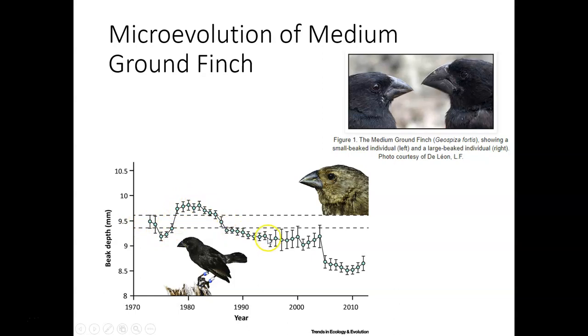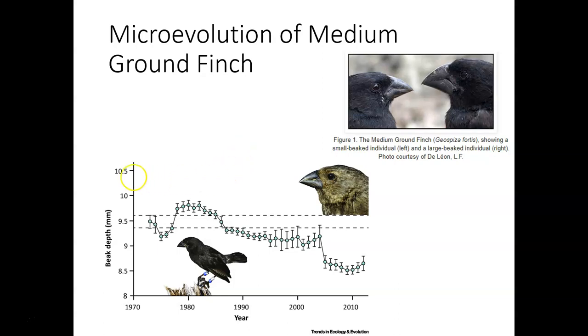If we can illustrate that the average beak depth is changing in this population over time, and that beak depth is heritable and is being selected for or against at different times, then we can demonstrate that that is natural selection, or changes in the population over time. Natural selection is one way that evolution can happen. It's the main way we are discussing in this course.